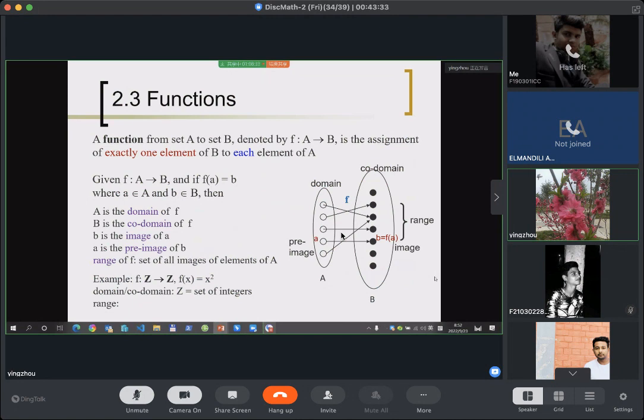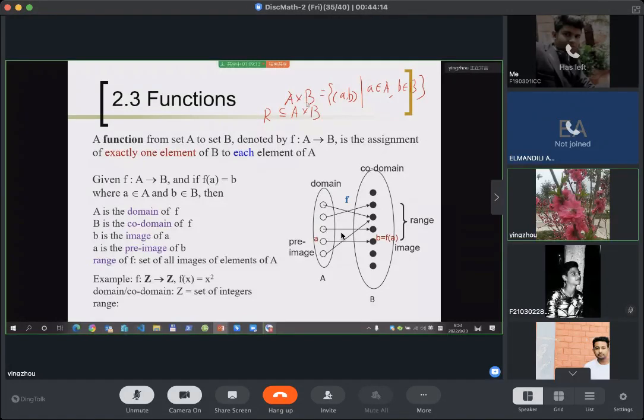Remember that in the Cartesian set, A times B, the two sets, it is just pairs (a, b), where a is from set A and b is from set B. We also know that if R is a subset of the Cartesian set, it is a relation.